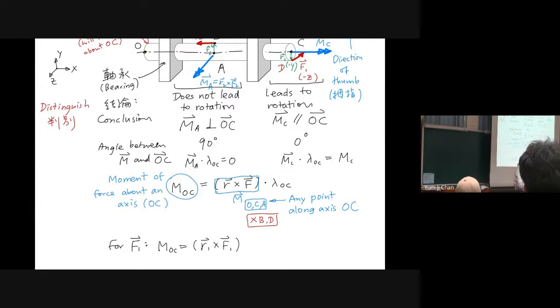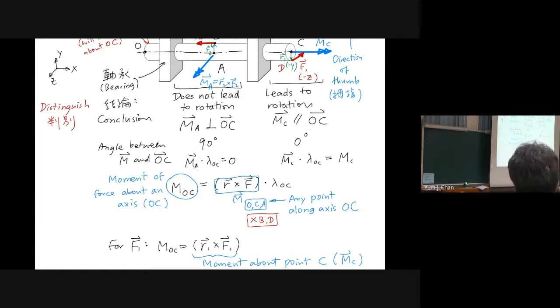What is this? This is the moment about which point? C, right? Because R1 goes from C to D. Therefore, for this R cross F, where we calculate the moment as R cross the force, this one is about point C. You can write MC here.